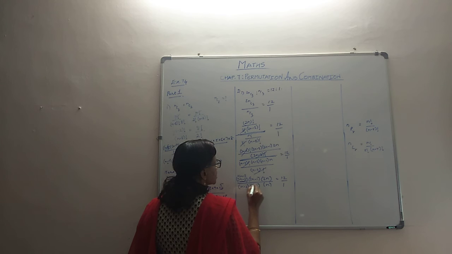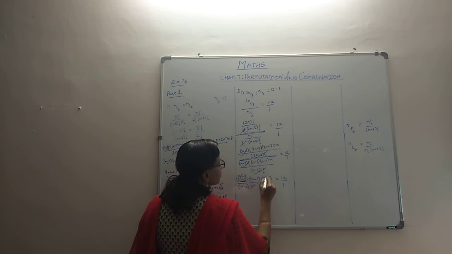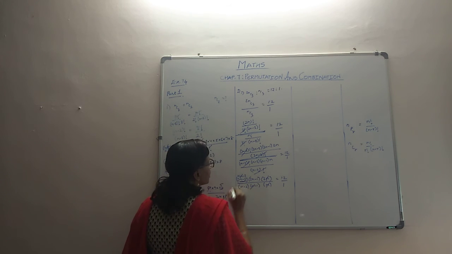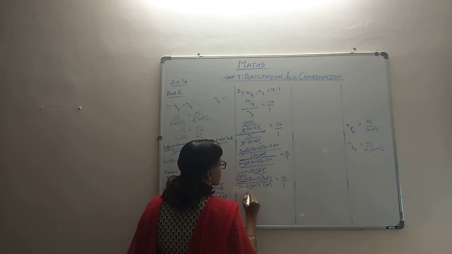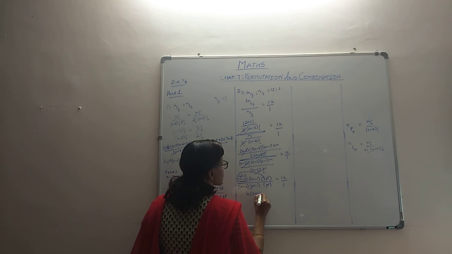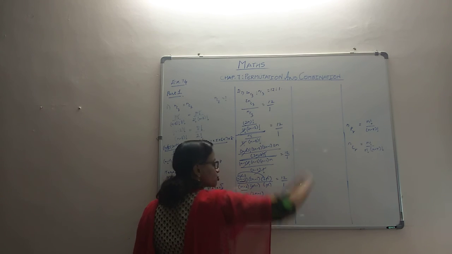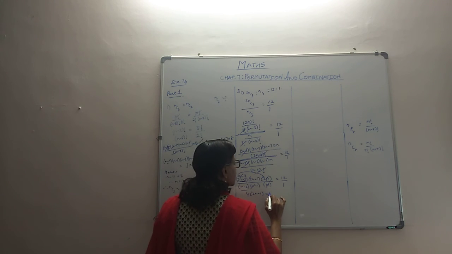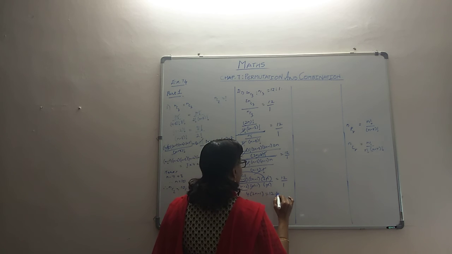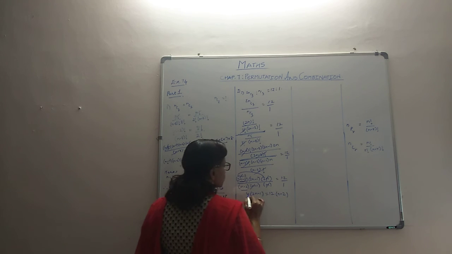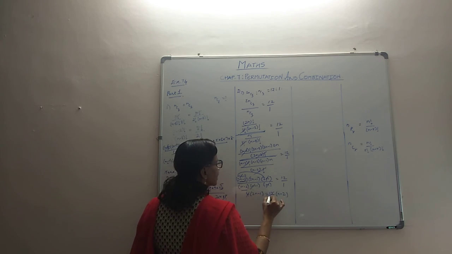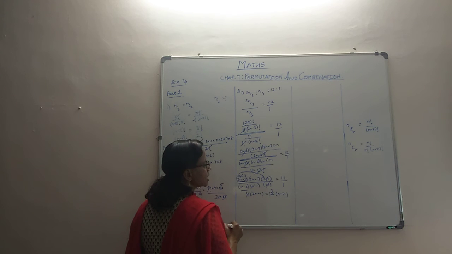What is the advantage? This and this can cut. Again, n and n can cut. What are we left with? 4 times 2n minus 1. And there is a denominator n minus 2, which we can push on the other side. 12 times n minus 2. If you are watchful, you can take the 4 on the other side and cut this. 4 3 times is 12.